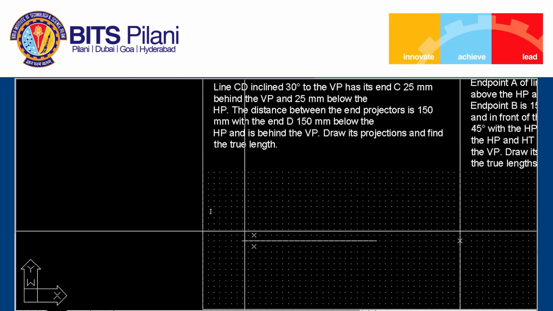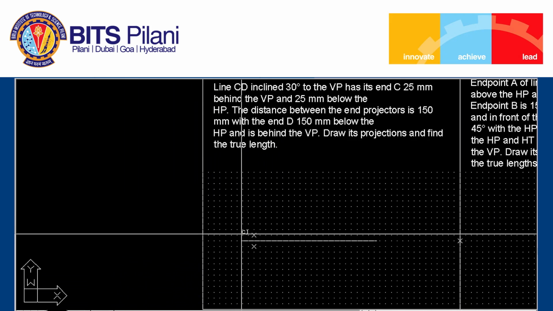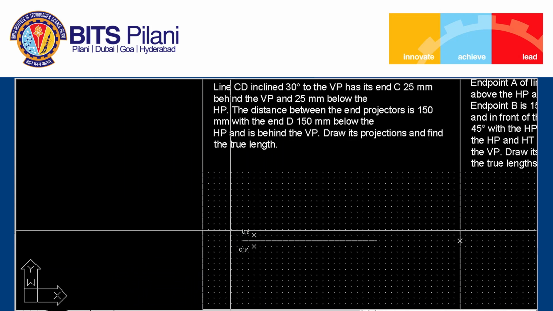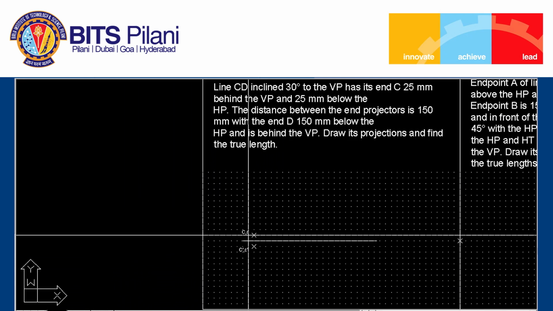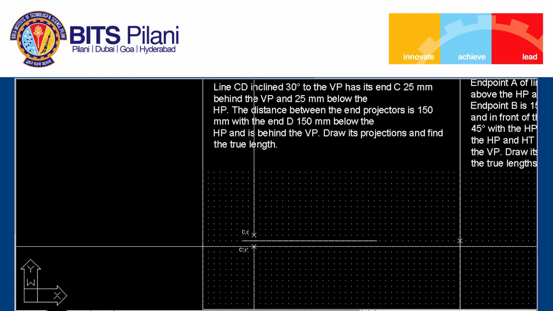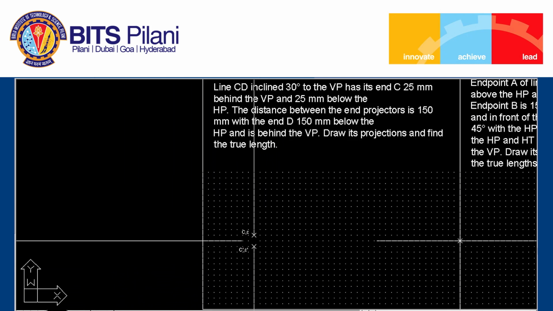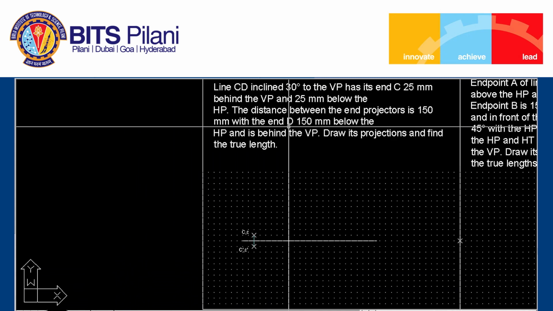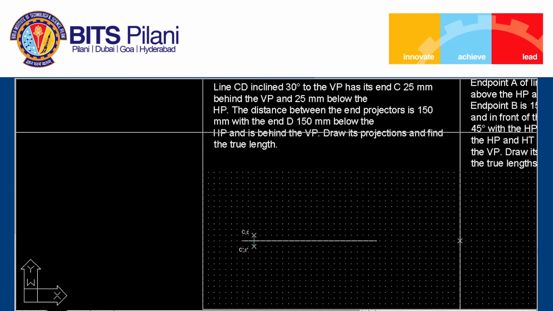So this point is capital C as well as small c. This other point is capital C prime and small c prime. And we can join the projector line passing through the point. As I said, all projectors line we will show with the cyan color.